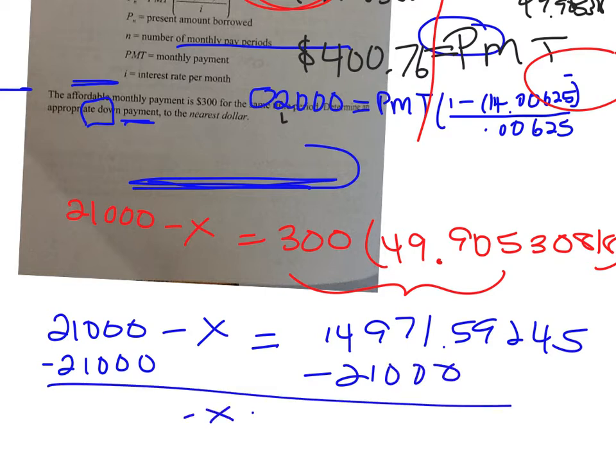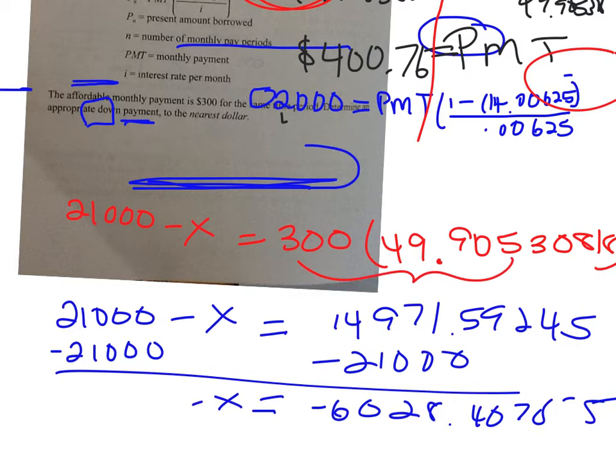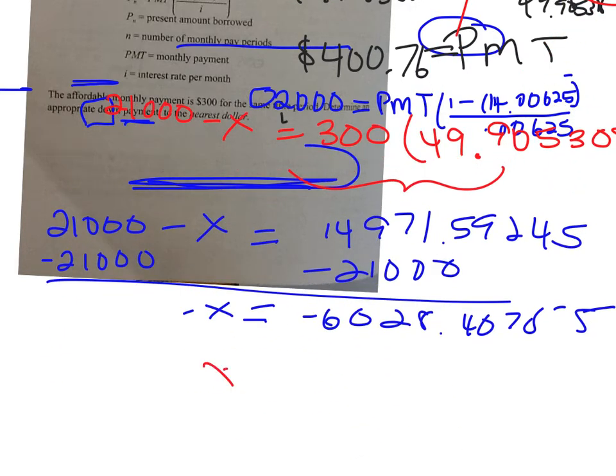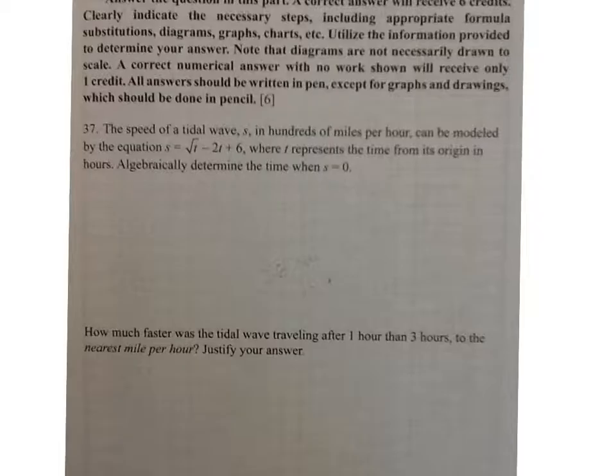So I get negative X is equal to negative 6,028.40755. And then that would mean that positive X is equal to $6,028. And that was the nearest dollar. So that's how much you would have to put down on the car to have a monthly payment of $300. Okay, so let's try the next problem.